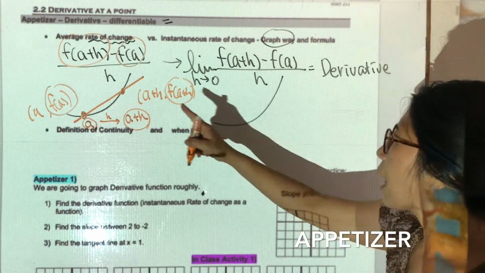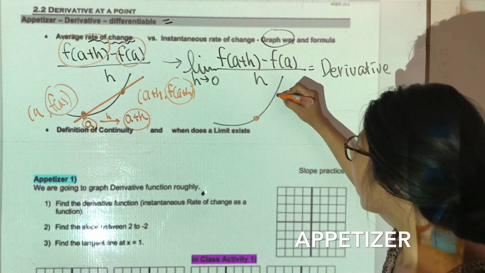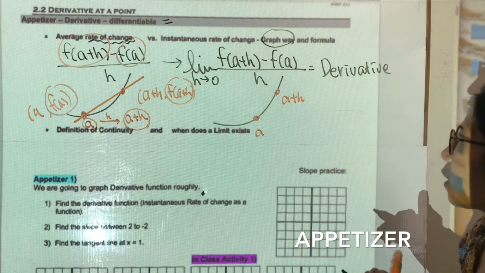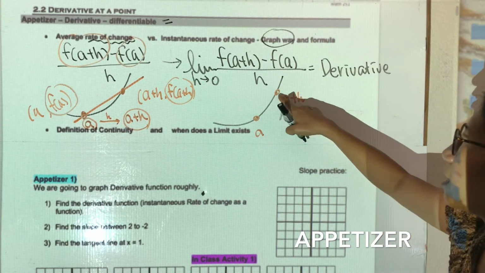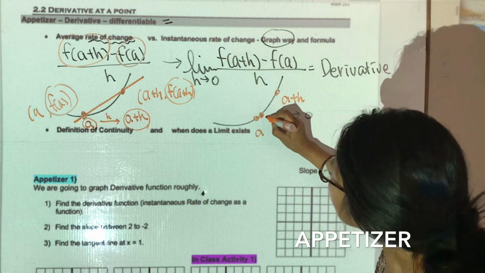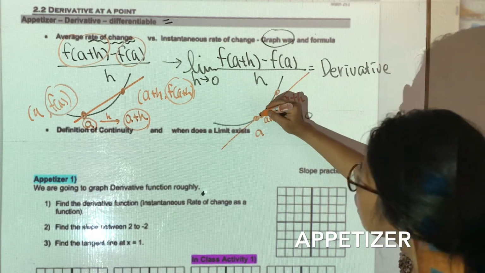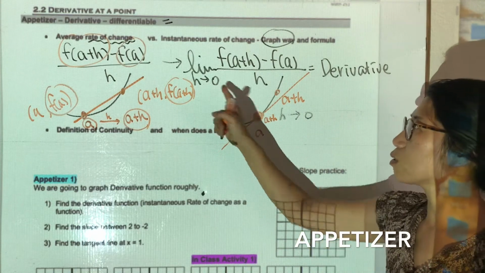then instead of having 2 points, we are going to have 1 point. Why? Because we had a and we had a plus h. However, I'm making h small enough that the second point is so close, right next to the first, that it looks like the illusion of one coordinate, because h is going to 0.